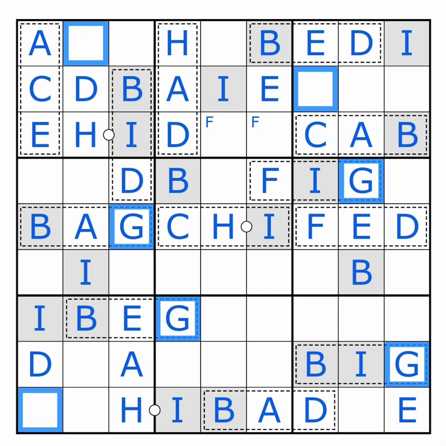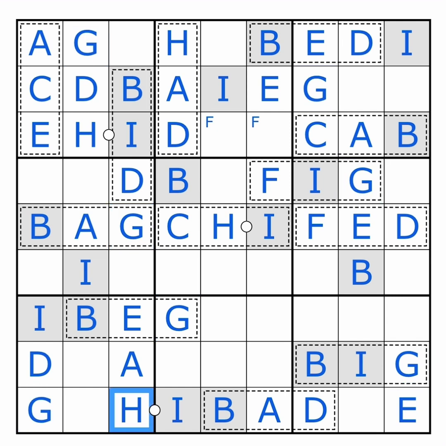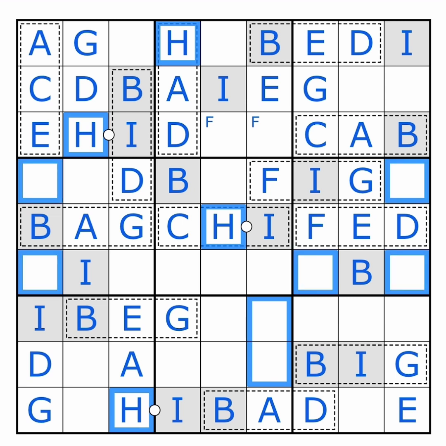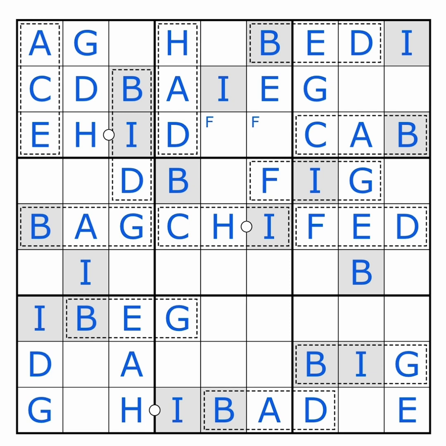G in box 7 is there. Is there any hope for H's? There's one there. There's one here or here. There's one here or here or here. How about F's? No, F's are not doing much for me. Well, the only place for an F in that row, or that column, is there. Finish out that column with an H. Can have an H down here.